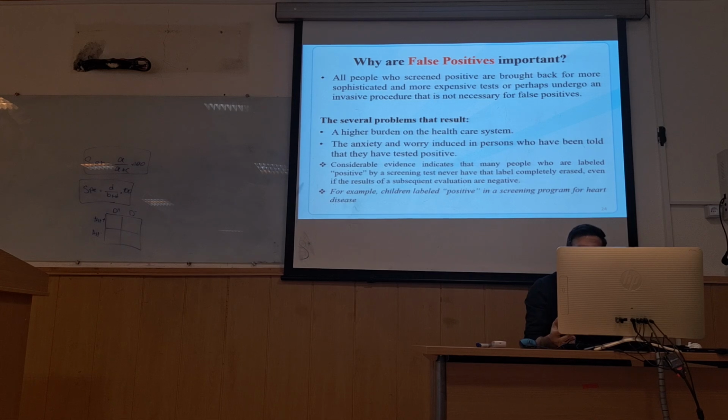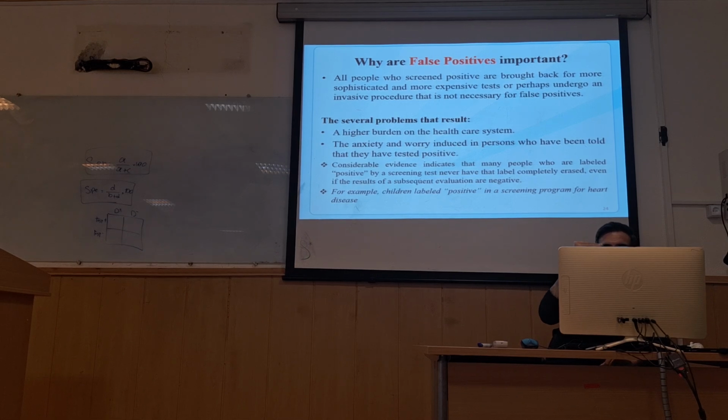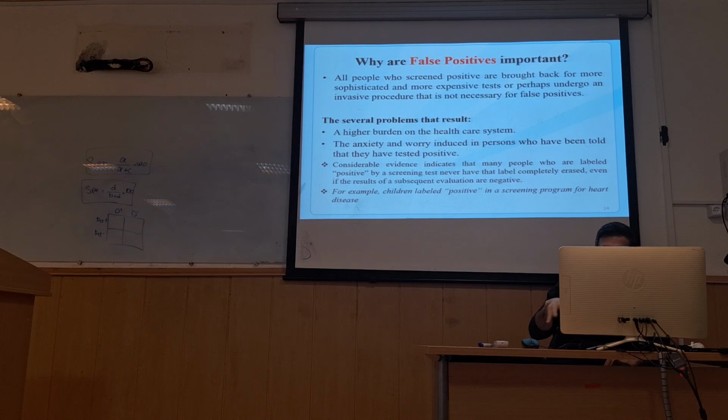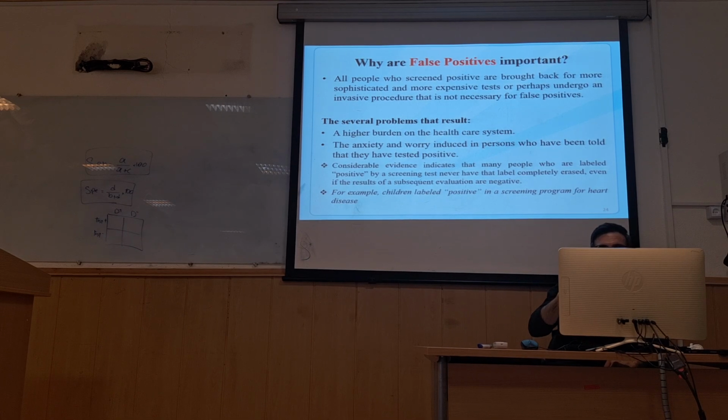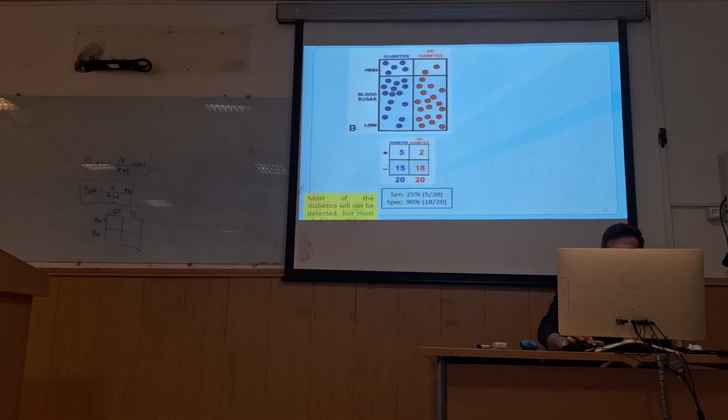Yes? So in HIV you prefer to have a test with high specificity. But in a situation like hypertension, it would be better to have high sensitivity and high specificity, or both of them. Okay.